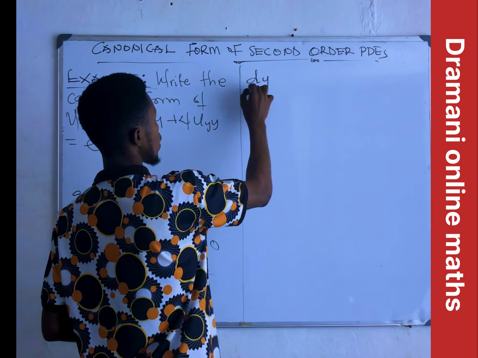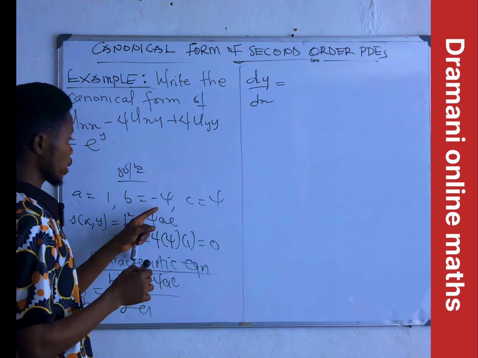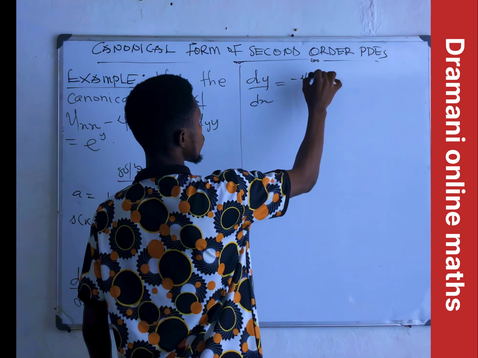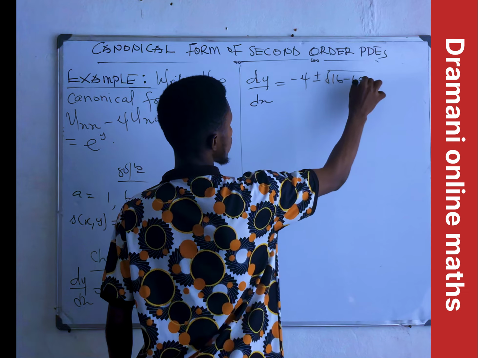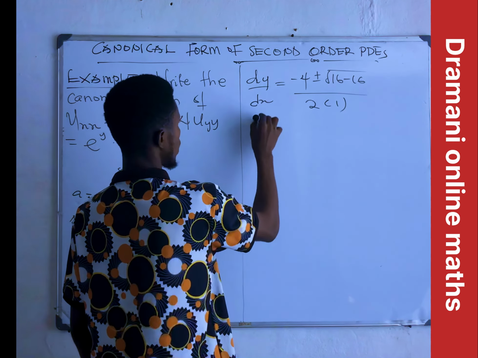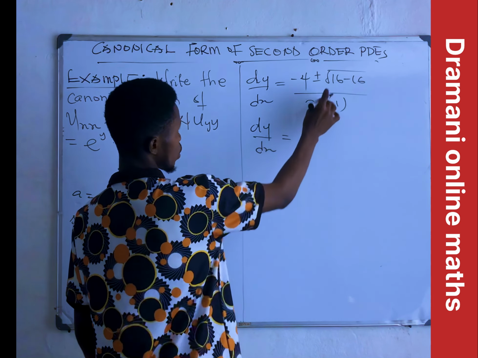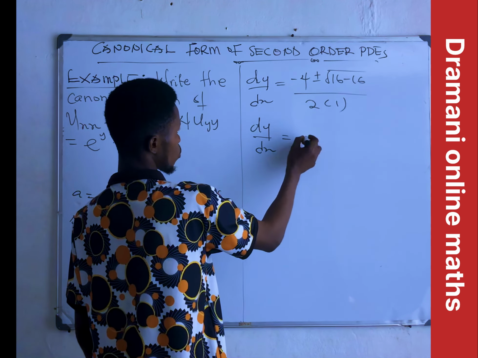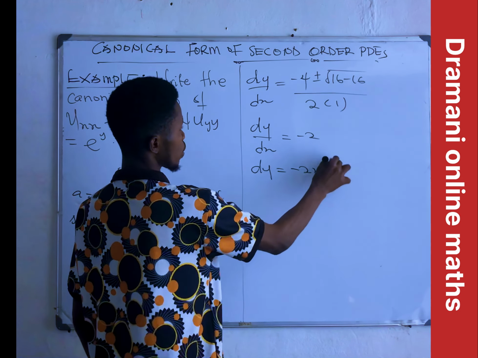So dy/dx equals, b here is negative 4. I'm going to have negative 4 plus or minus square root of 16 minus 16, okay, divided by 2 times 1. So my dy/dx is equal to, this will be 0. 2 can go in negative 4, negative 2. So I have my dy equals negative 2x dx.